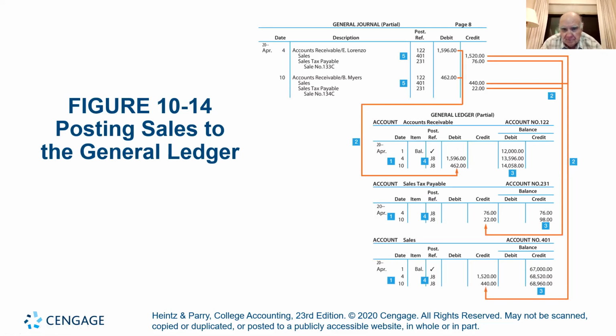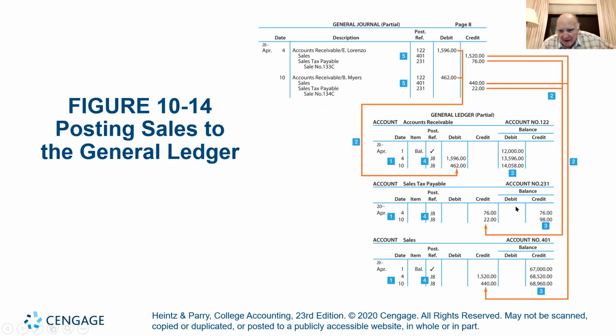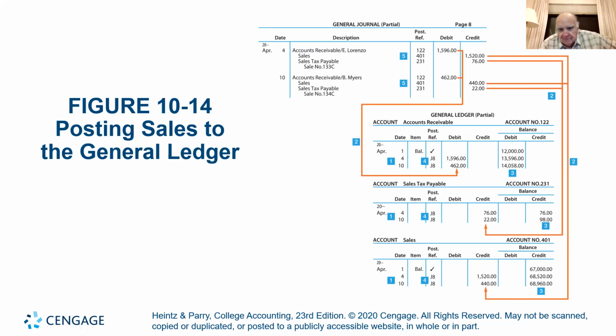Okay. Now we know that from the transactions there was sales tax involved. So here is our debit to accounts receivable, and here are our 2 credits. Notice it's on the credit side, 2 credits representing sales tax payable, and here's the sales number.